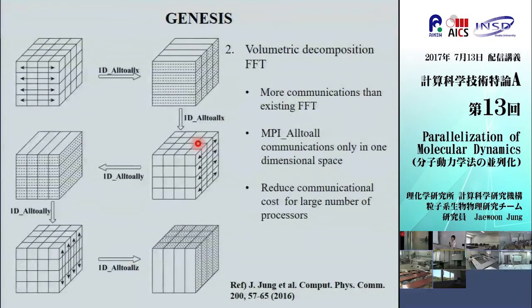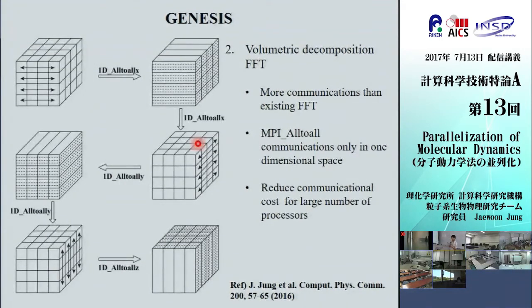But if you consider slab decomposition, the number of processors involved in the communication becomes 32,000. Too much. In the case of pencil decomposition, the number is just the square root of the number of processors. So the square root of 32,000 is greater than 100. So the number of processors involved in the communication should be larger than 100.